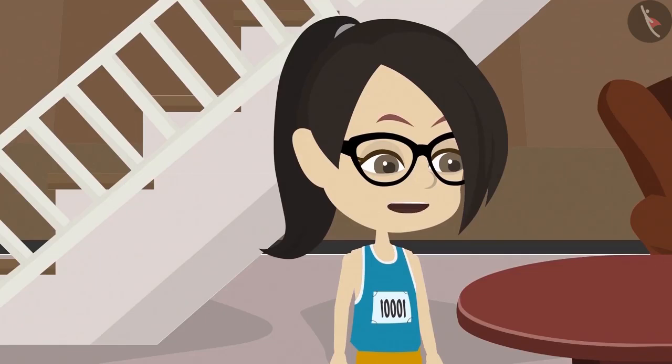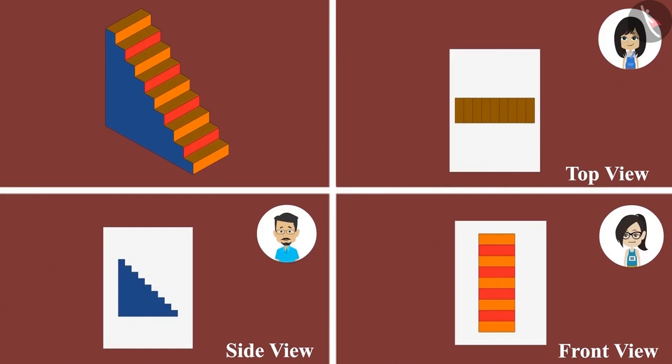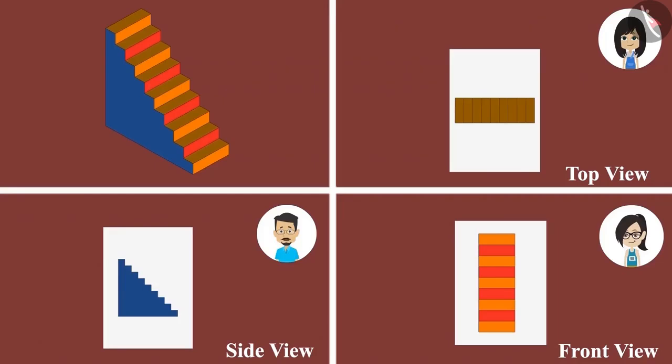Now I have understood what is 3-dimension, and that when you look at them from different sides, their shapes appear different. Yes, but do you know that to draw the shape of 3D objects accurately, the drawing is made from 3 different sides, like the way we drew this staircase.